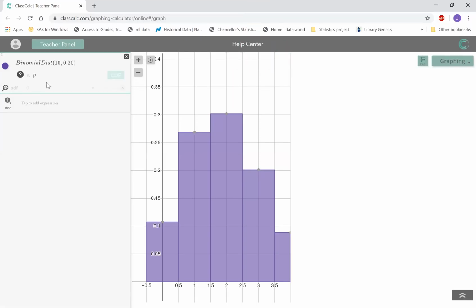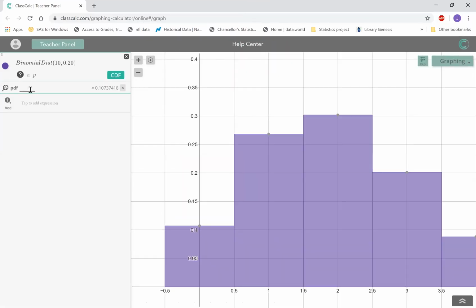So let's put 1 right here. And we're all done. So we'll say the probability that x is equal to 1 is equal to 0.2684. And that's our answer for part A. Any question in regard to part A?